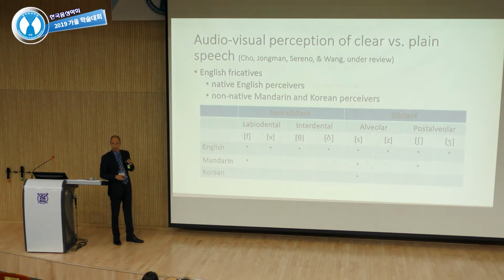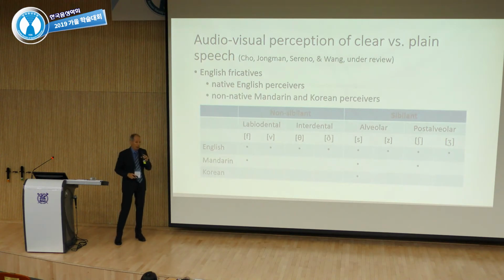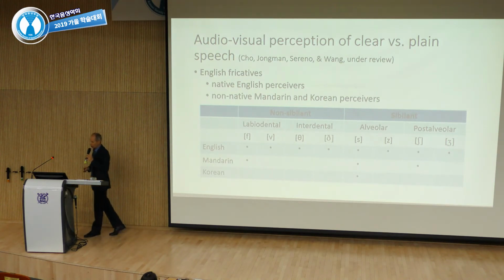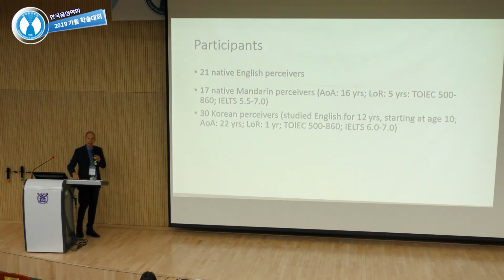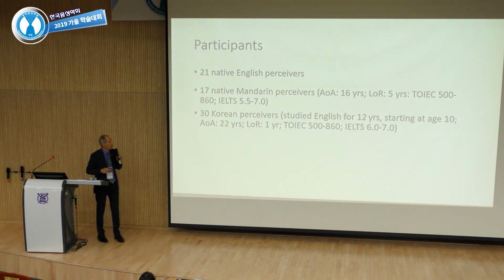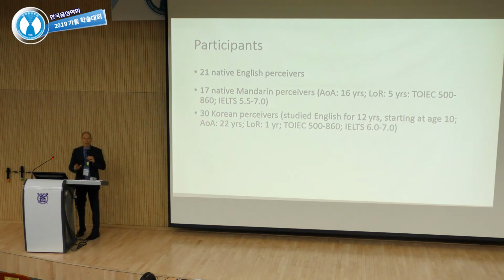Korean, shocking, I don't know how you get through the day, doesn't have any non-sibilant fricatives whatsoever, and then has one sibilant fricative right here. Okay, so does a difference in inventory play a role? Okay. We had a number of native English perceivers, Mandarin perceivers and Korean perceivers, a lot of numbers up there, mainly to show you that our non-native perceivers were of intermediate English proficiency.